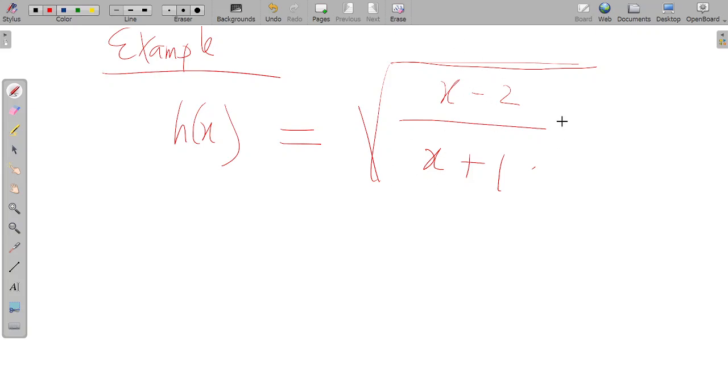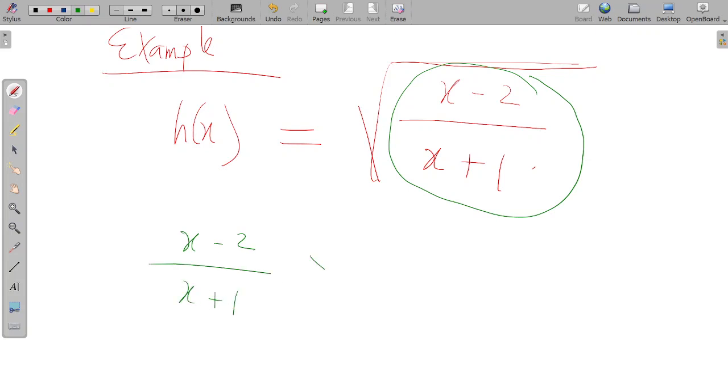But don't forget, whatever we have under the root cannot be negative. So x minus 2 over x plus 1 should be greater than or equal to 0.